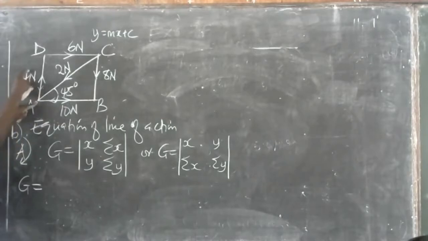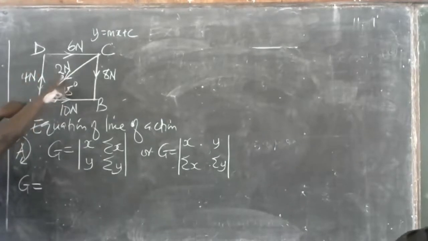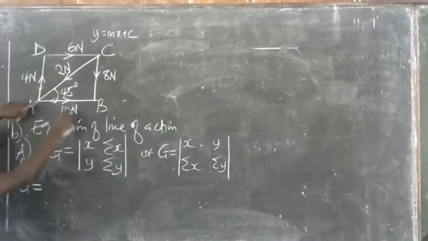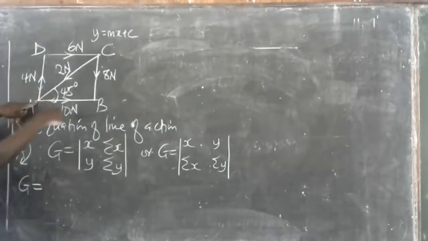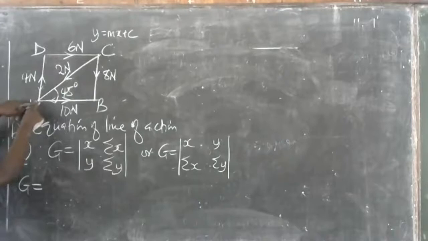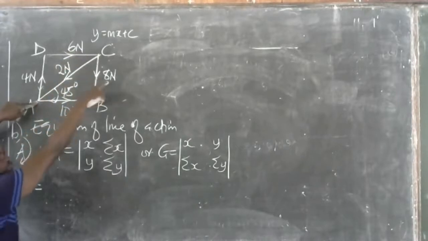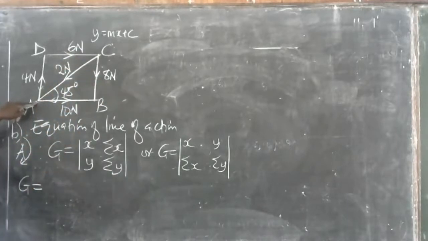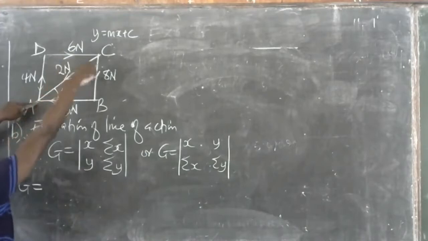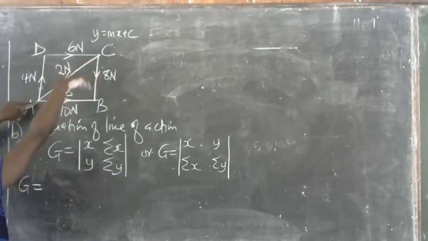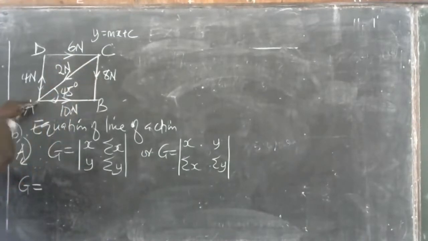The 4 Newton's force and the 2 Newton's force, those three forces have their lines of action passing through point A and therefore have no moment. So we have the 6 Newton's force and the 8 Newton's force only. Now, the 8 Newton's force is a clockwise turn about point A, and therefore its moment would be negative.